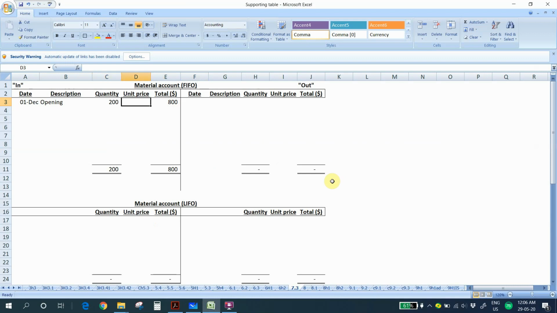How do we identify the unit price? We use the total value divided by the quantity. So we understand that the cost of inventory is $4 each for this batch.